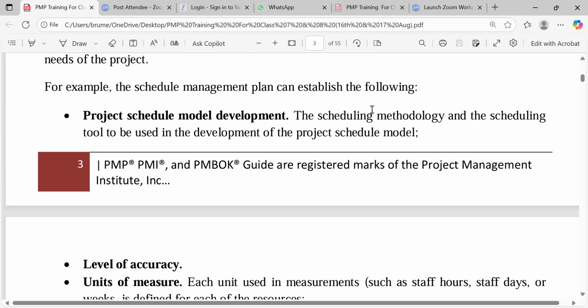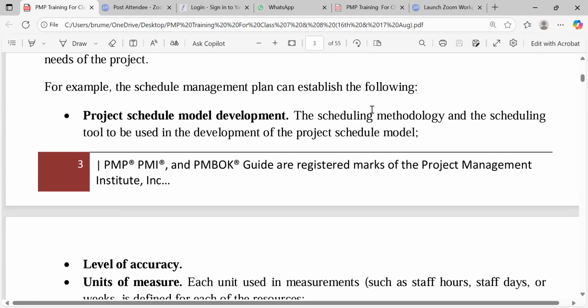All right? We have the MS Project. We have lots of them. But I believe, based on my experience, if you understand the Primavera, every other thing will just be like click, click, click, click to you. And that's why I'm going to be teaching us Primavera as a scheduling tool.